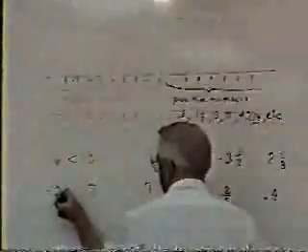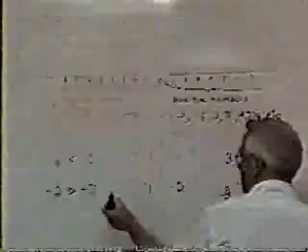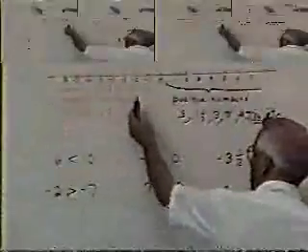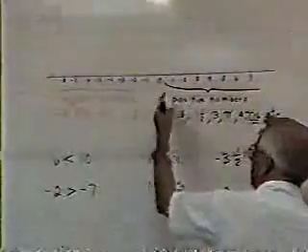All right, and how would this one be? Well, -2 is greater than a -7. Go back and look at your number line. A -2 is over on this side of a -7. So -2 is greater than a -7.